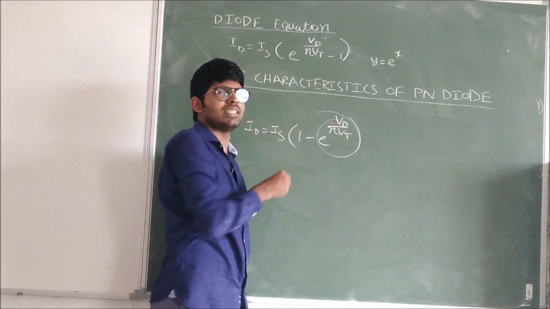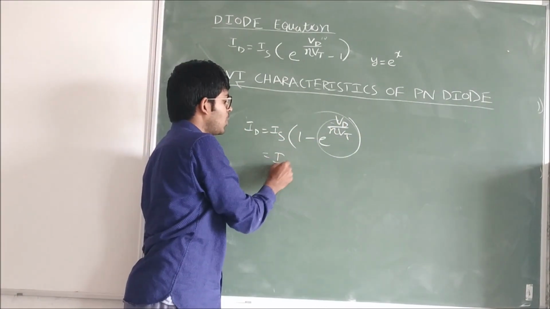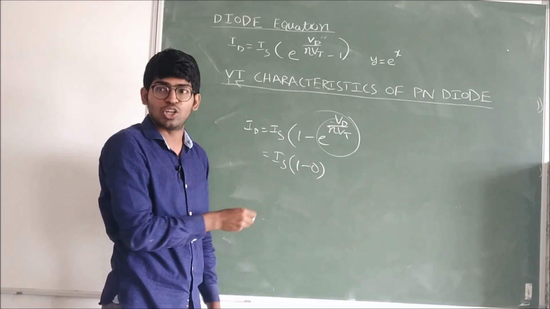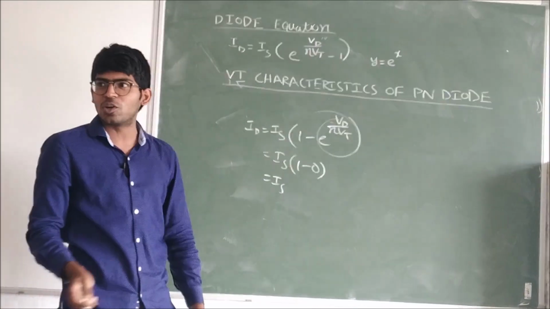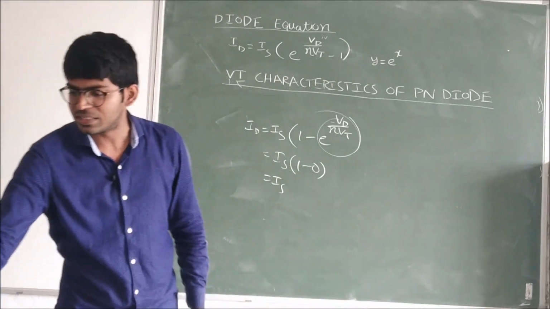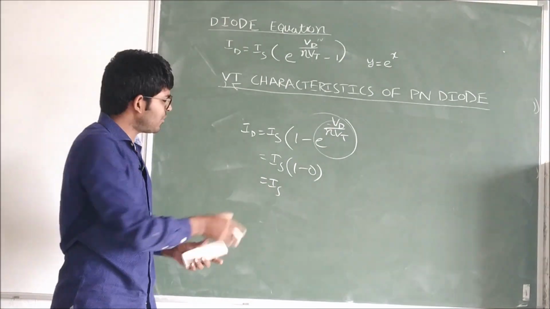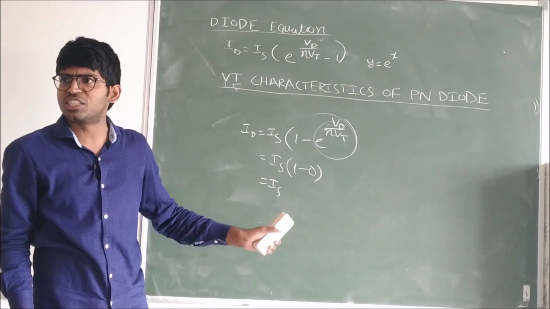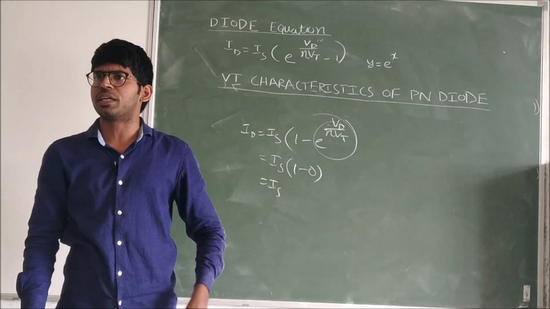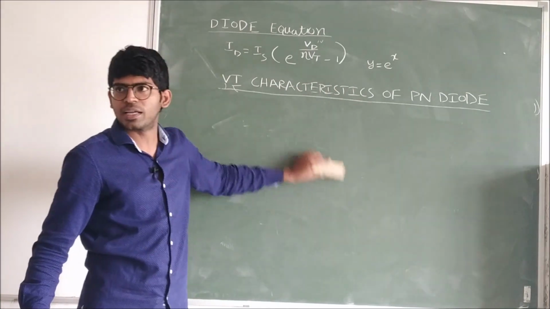So this term is almost negligible. When this is negligible, it is 1 minus 0. So finally it is Is. So in reverse bias, the diode current value is Is. The reverse current value does not depend on the applied voltage. This is what we are representing mathematically; we have seen it theoretically and now represent it mathematically.